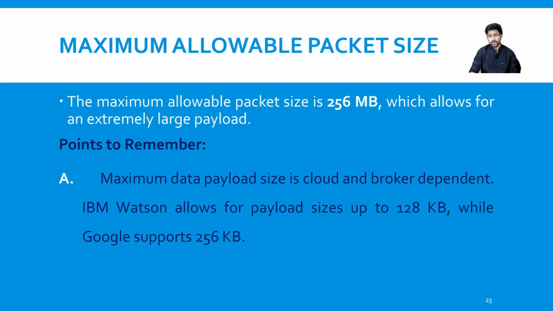And Google, if I talk about GCP, it's supposed to be 256 KB. So the maximum packet size could be between 128 KB to 256 KB if you are using IBM Watson and Google. So this implementation is totally dependent on what kind of brokers and cloud platforms you are going to use.